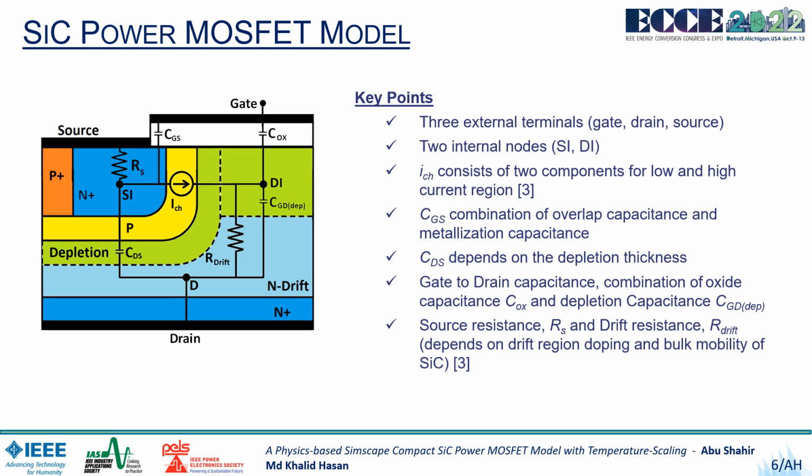The gate-to-source capacitance is modeled with parameter CGS, a combination of gate-to-source overlap capacitance and metallization capacitance. The drain-to-source capacitance CDS depends on the depletion thickness variation due to the change in bias voltages. The gate-to-drain capacitance CGD is the series combination of oxide capacitance COX and gate-to-drain depletion capacitance CGD,dep.